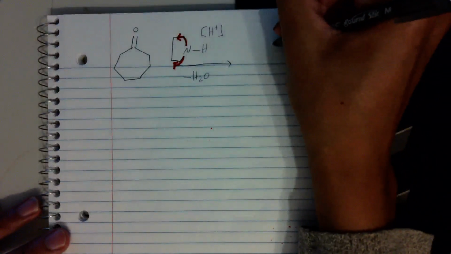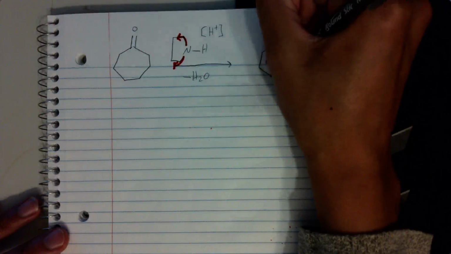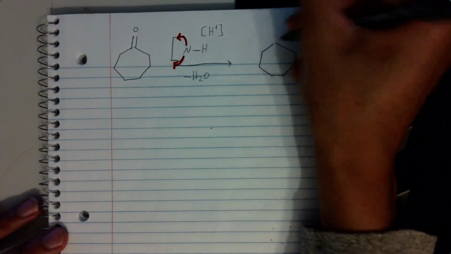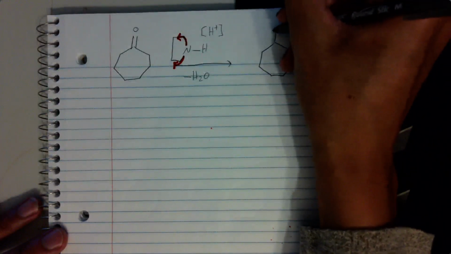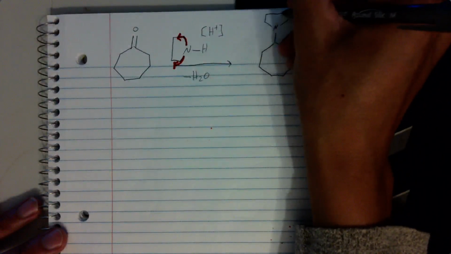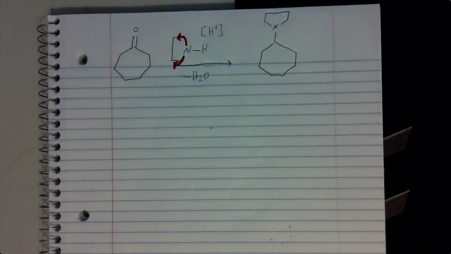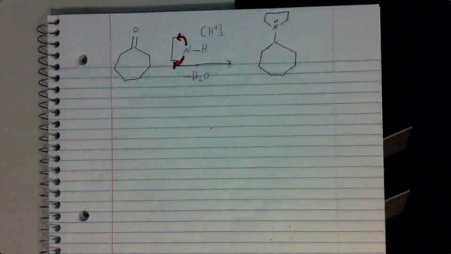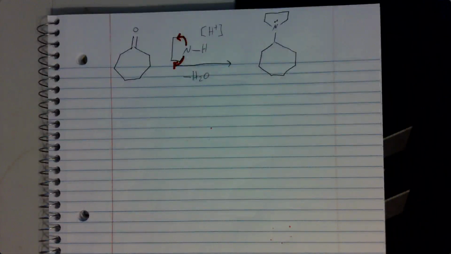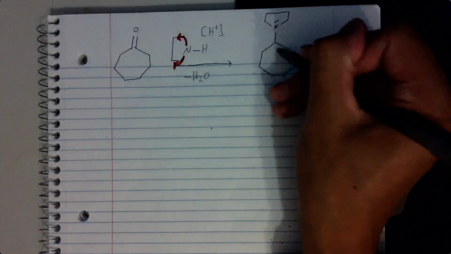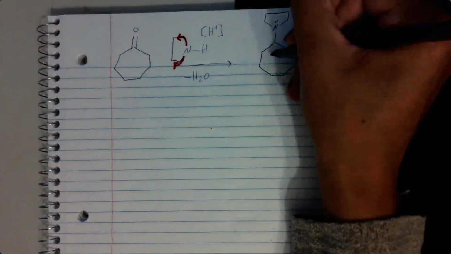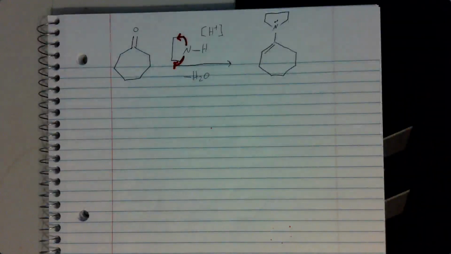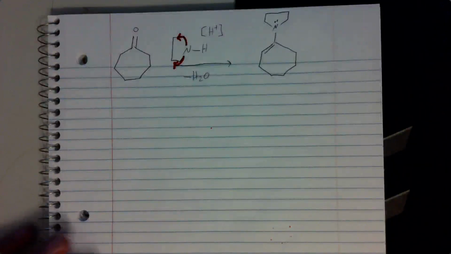So simply redraw your 7-membered ring and put your 2 R groups in there. Of course, it does have a lone pair. I'll explicitly draw it there. And you know the double bond's got to go at either the left side or the right side. It doesn't matter, so I'll just put it here on the left side. And there's my enamine product. Okay, let's move on.